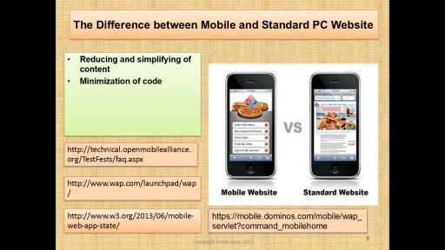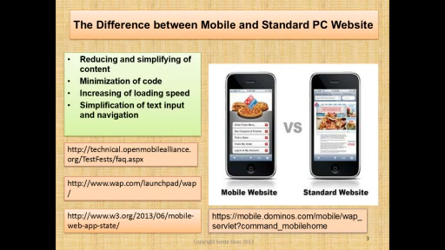The second thing, it's minimizing code and usually increasing loading speed. Altogether, we also have simplification of text input and navigation because of the mobile device. So everything is running towards user-friendliness, so usability.